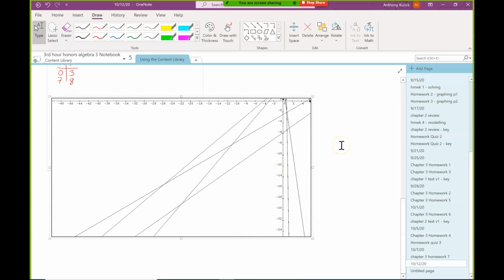Okay, so until we put that last line in, our solution set would have been that piece right there.